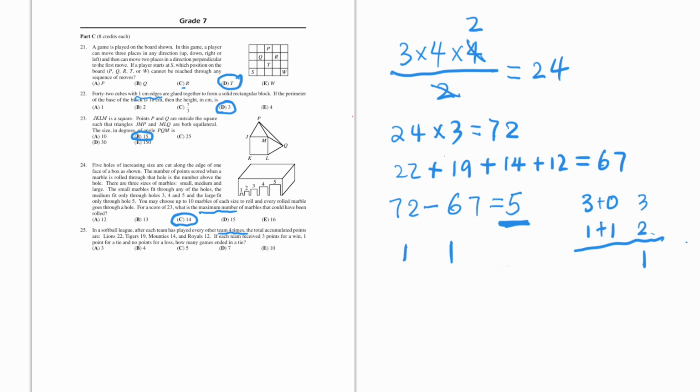That means 5 games tie. So each game, 1 point less, 5 ties, that means 5 points less than all win games. So the total tie is 5. That's the answer C.